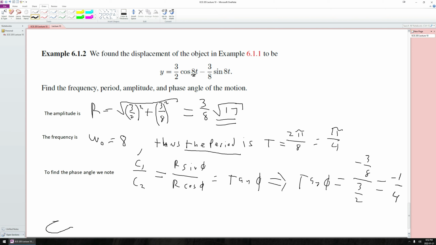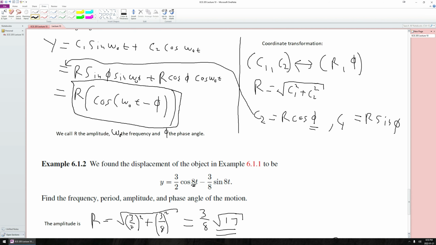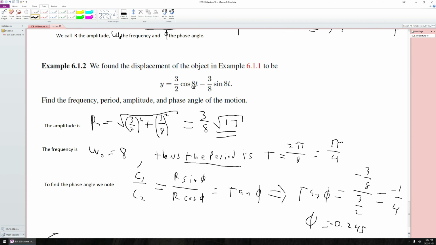And here, if you solve this for phi, basically plugging it into a calculator, you would simply get that phi is equal to -0.245. Okay, so yeah, that's one way to do it. You could use the ways in the text where you just basically solve one of these other expressions instead. It's really up to you, but that's how to compute all of this stuff here.